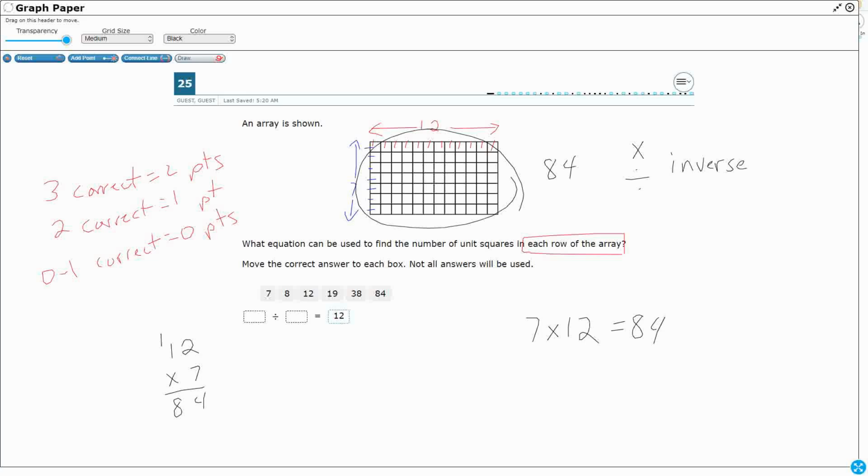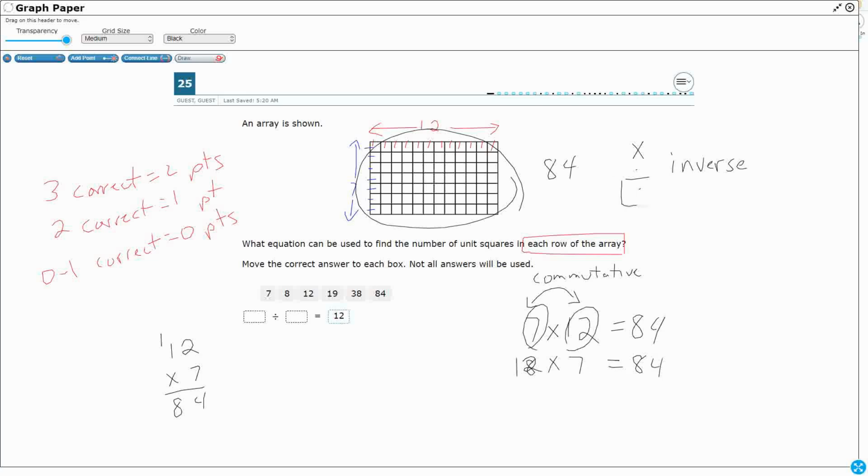I know that 7 times 12 equals 84 because that's what it shows. I could also use the commutative property. That lets me swap the order. So I can say 12 times 7 equals 84. I could just take my two factors and swap them.